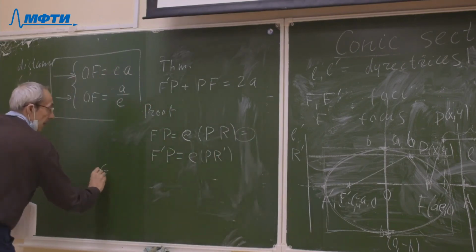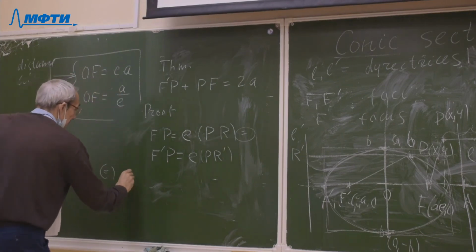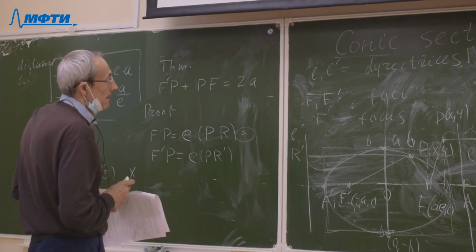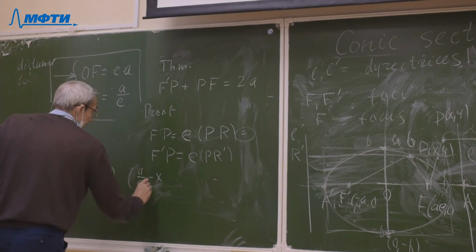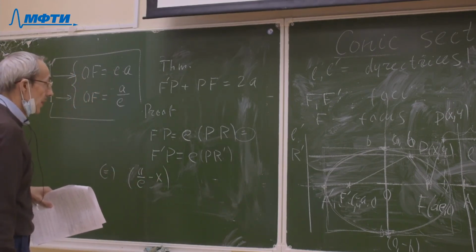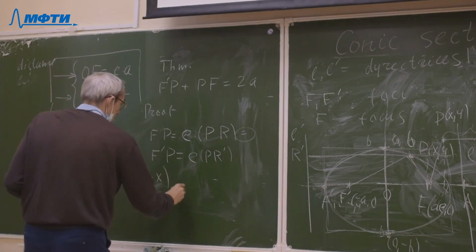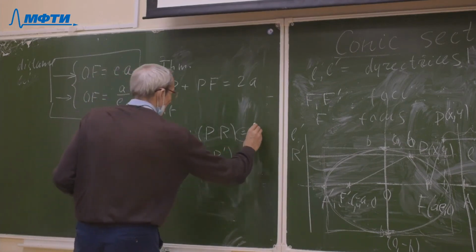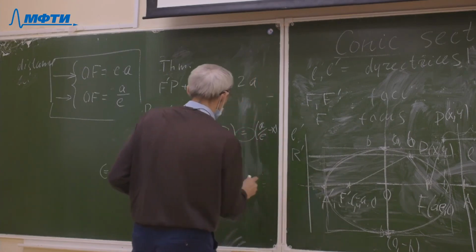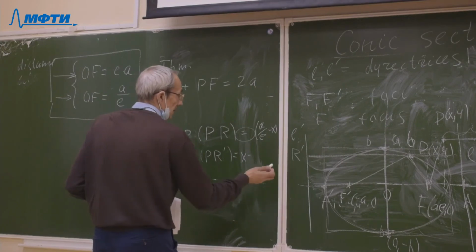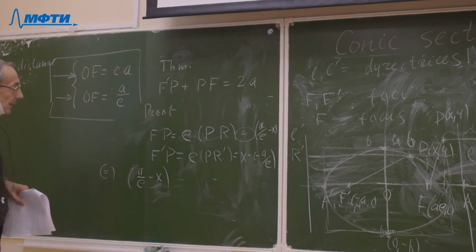The first equality, PR is equal to X. I'm sorry, the ratio AE minus X. This ratio is equal to X minus X, the ratio AE.